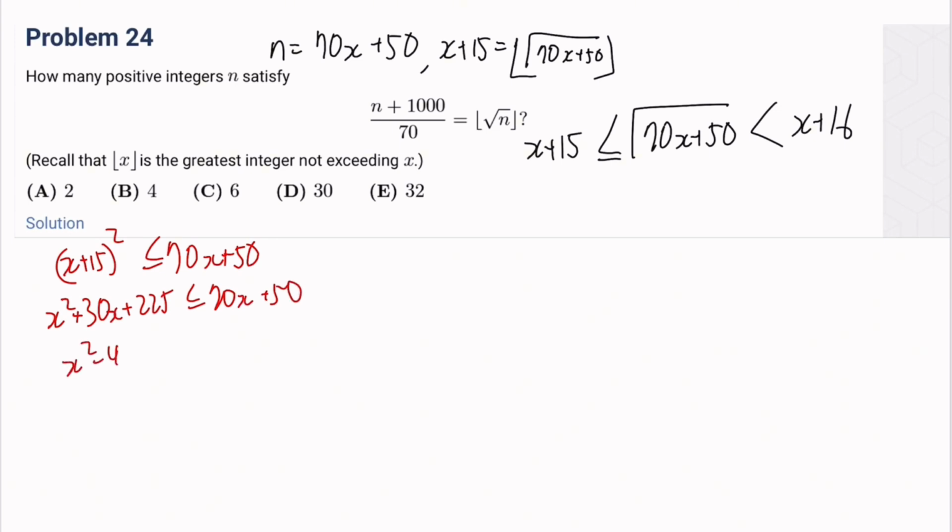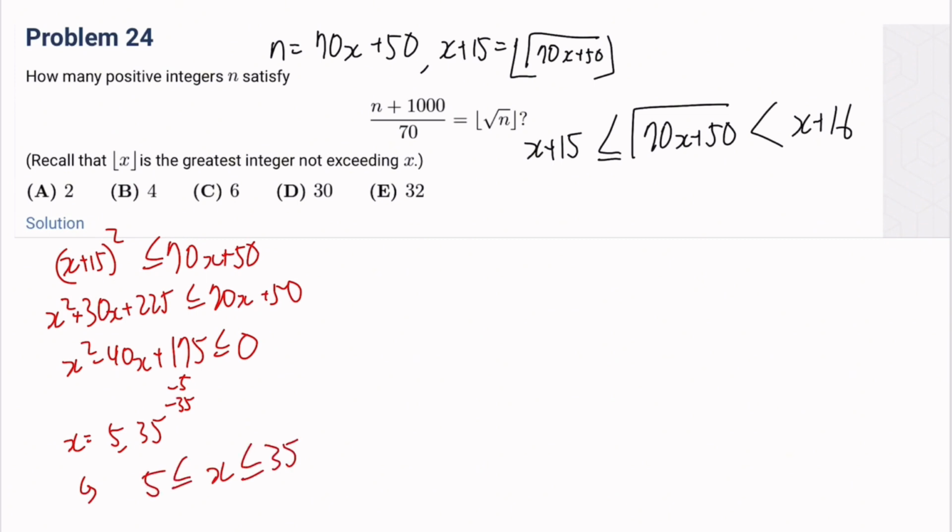So x squared minus 40x plus 175 will be less than or equal to 0. And if we factor this, we get negative 5 and negative 35. So x can be 5 or 35. And since this is an inequality, that gives us x is greater than or equal to 5 and less than or equal to 35.